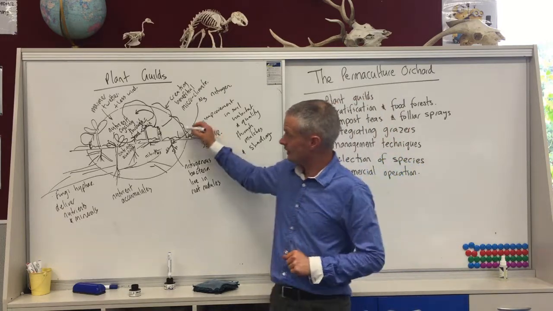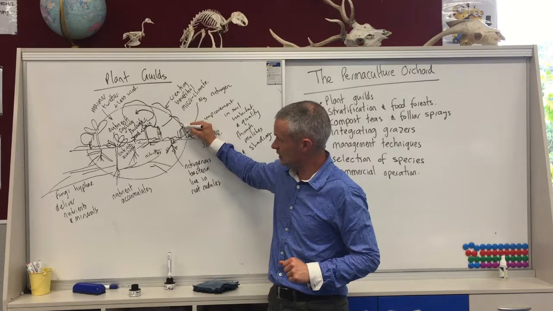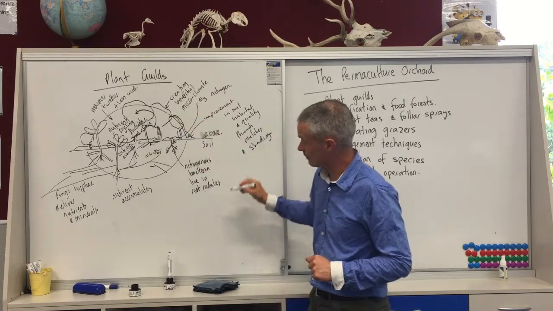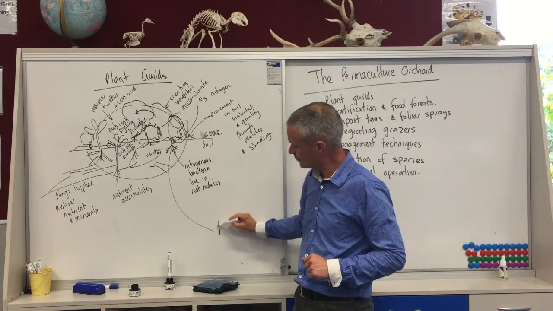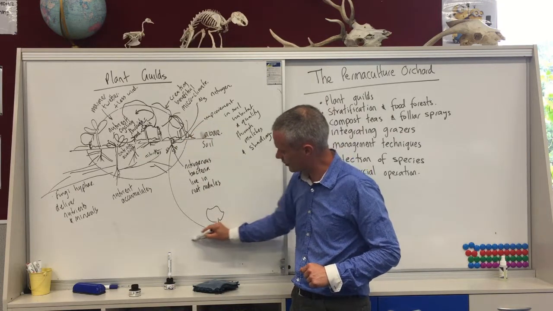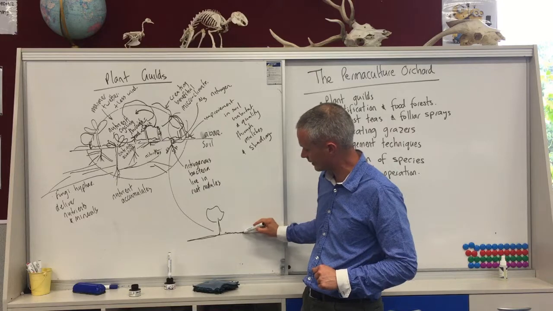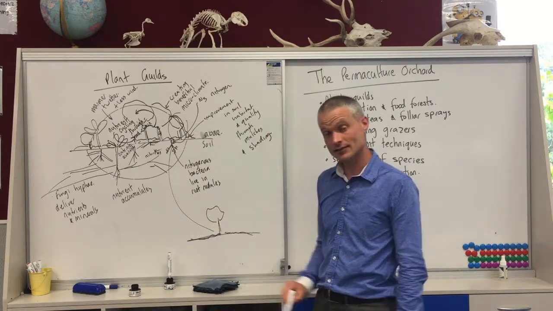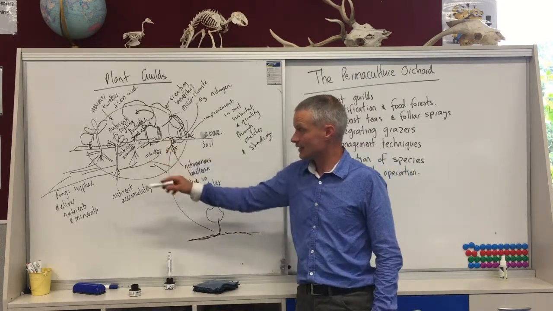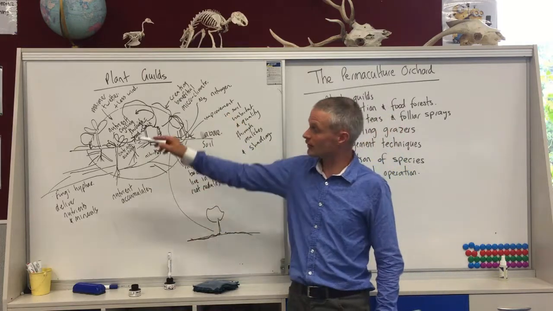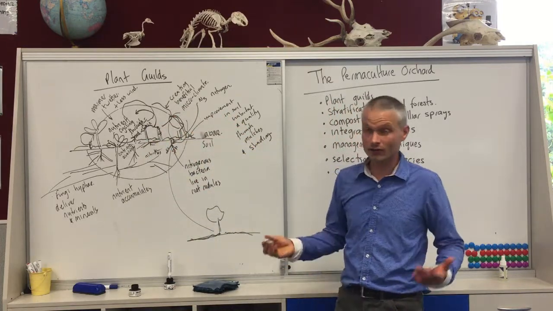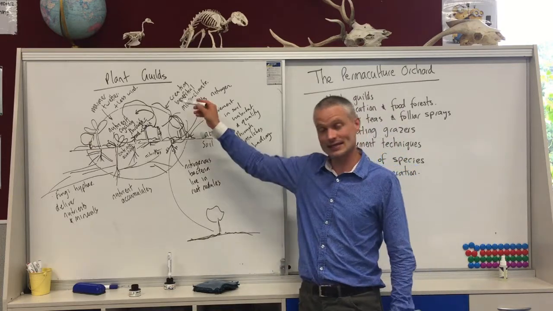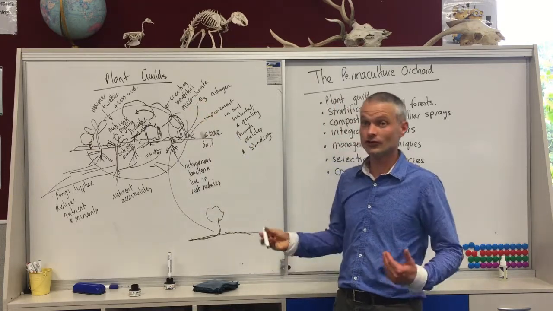So if you take a forest edge species like an apple tree, for example, and you take it out of that environment and you put it in quite an alien environment, a grassy paddock, it's not going to like that, because the environment in the soil and the environment surrounding it and the other plants is not going to be an environment that it has adapted to and prefers to live in.